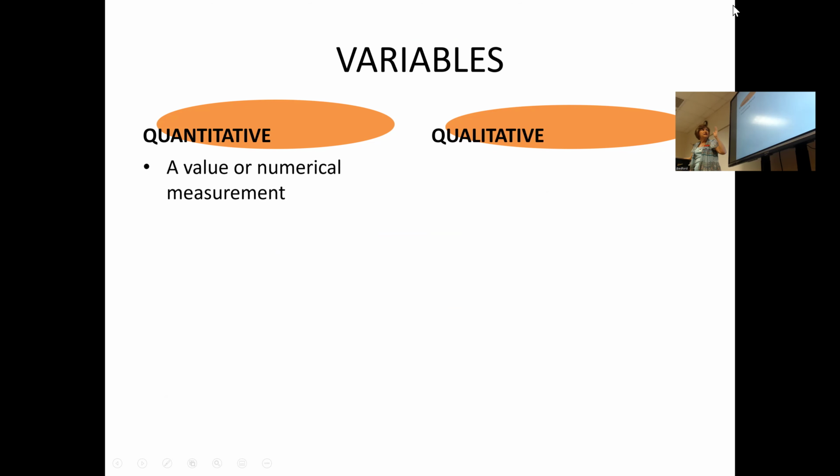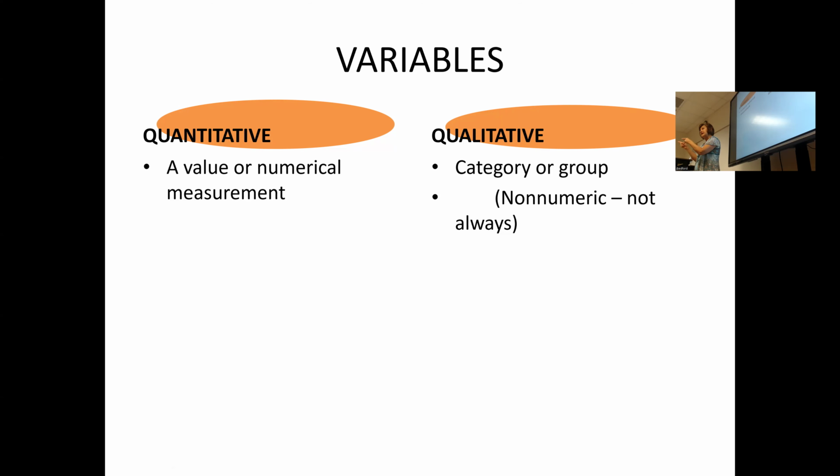So let's look at this. If it's quantitative, it has to involve a value or numerical measurement. But if it's qualitative, it's probably something you just group or put in categories. Most of the time, notice it says not always, it's non-numeric. Just because I see a number doesn't automatically mean it's quantitative.